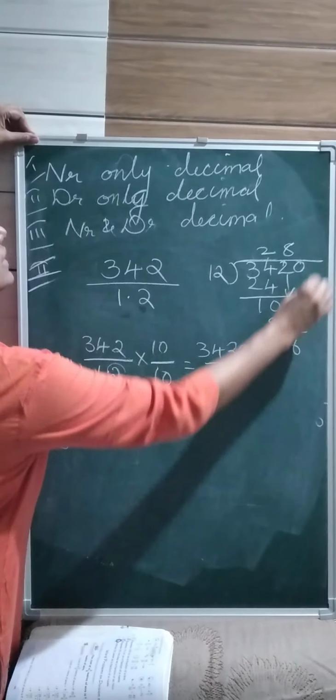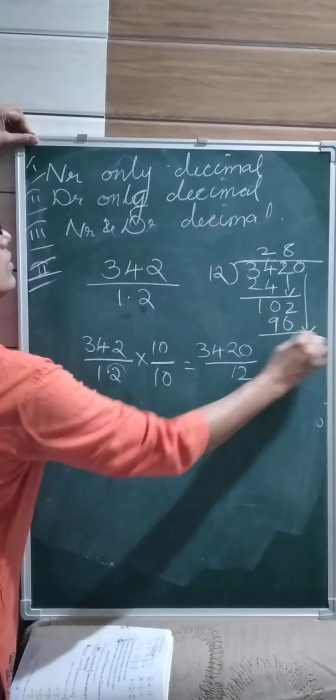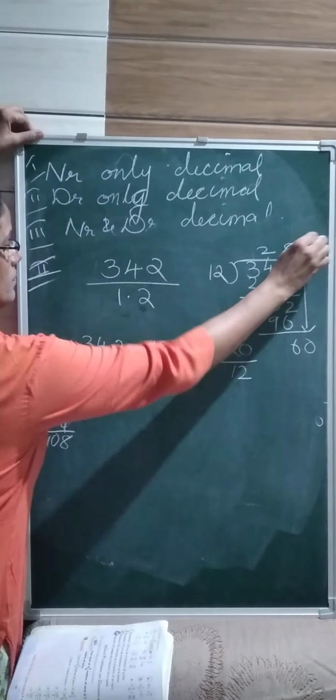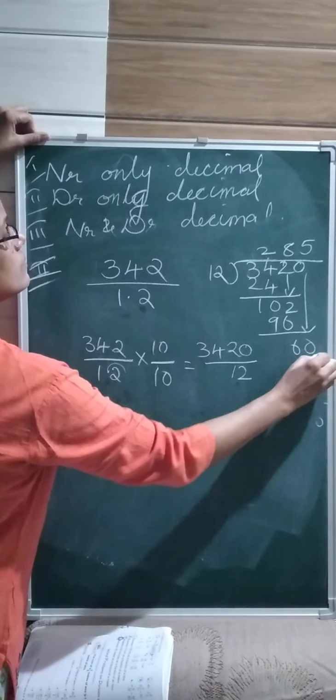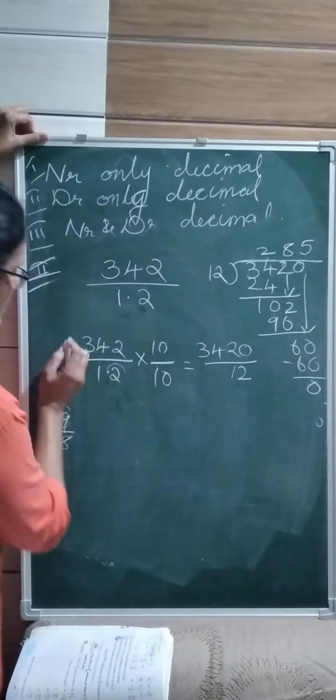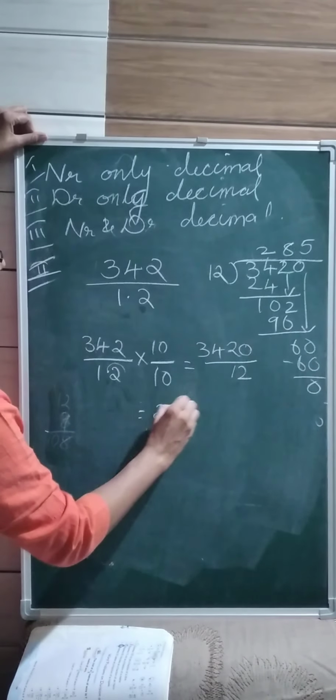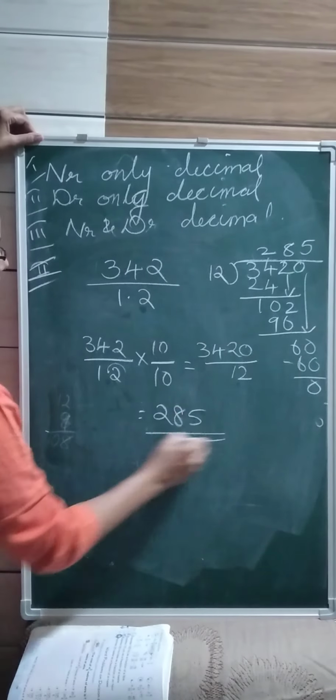Then the balance is 6. Next number is 0. In 60 it is 5. The answer is 285.